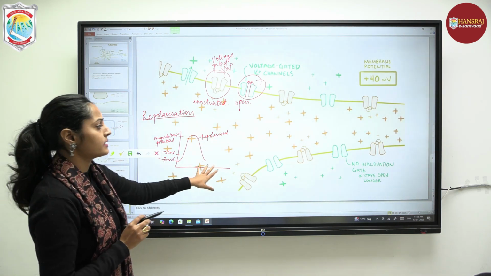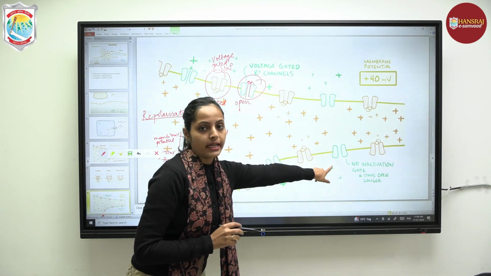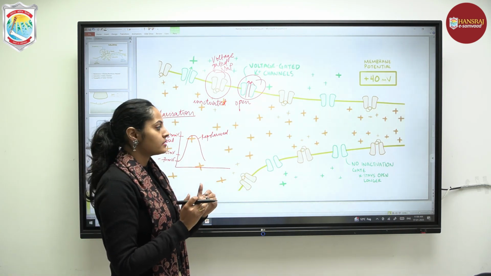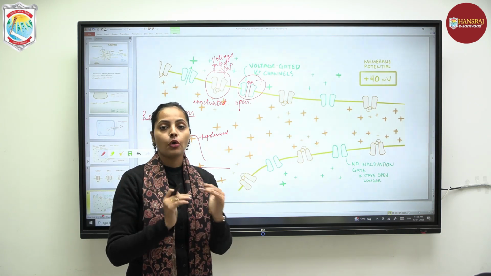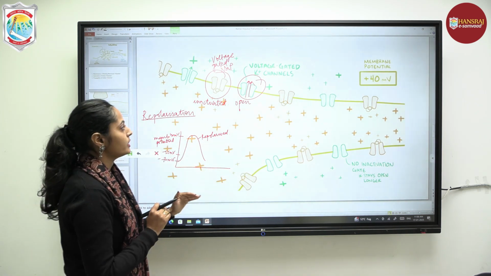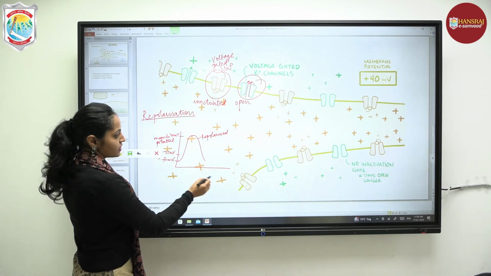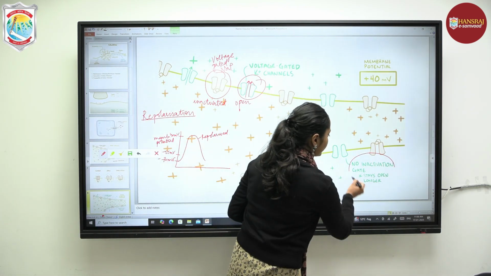Now since it doesn't have an inactivation gate, the potassium channels are a little slow to process. So what happens? They stay open for a longer time, as a result of which more potassium goes out. So in the potassium channels, there is no inactivation gate present.